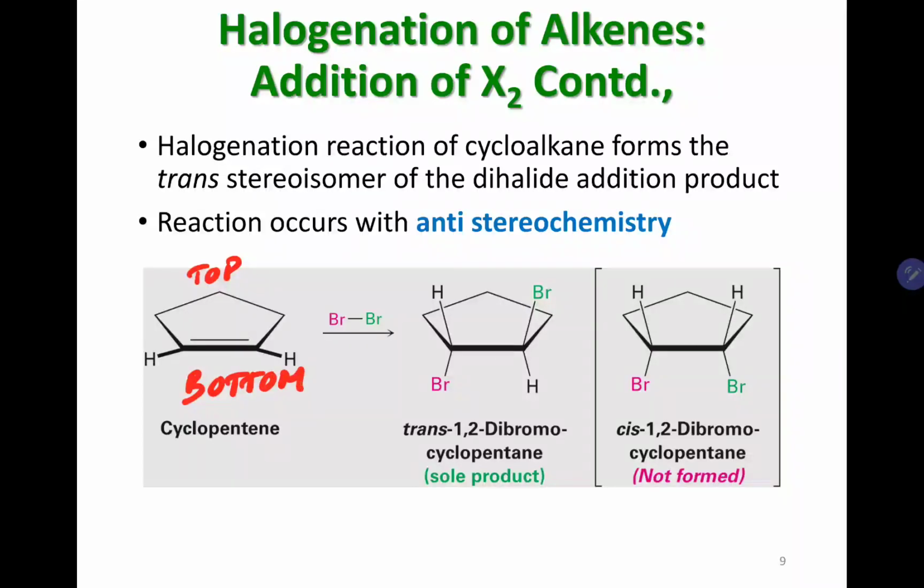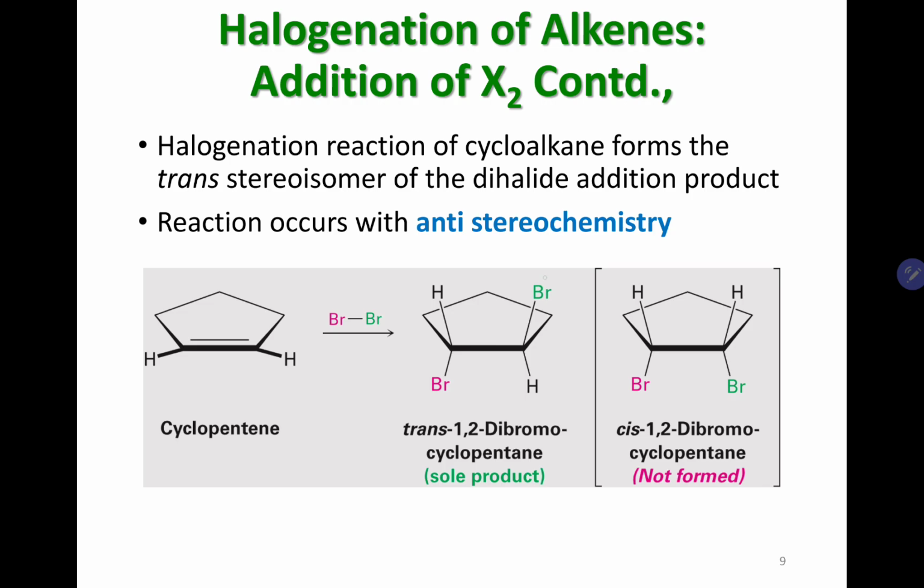Because of these two planes, the atoms or groups of atoms that you have on the top plane have difficulty reaching the bottom plane. So you have cis-trans isomerism, and we discussed these details in a previous lecture. But if you use a cyclic alkene, you can expect two different products.